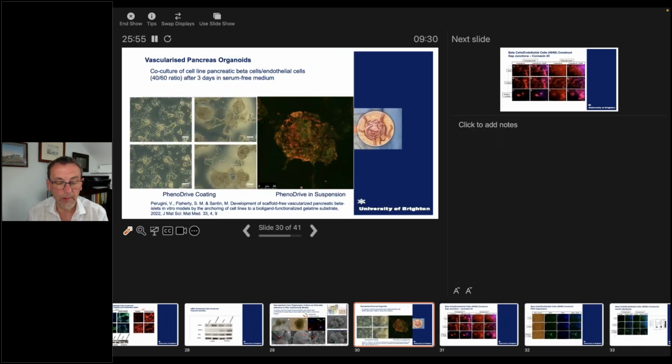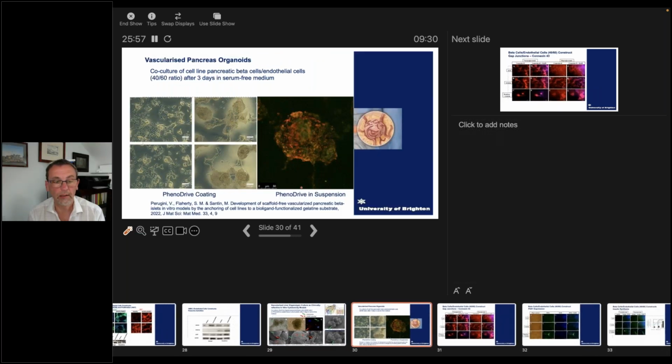We did the same and published a paper where endothelial cells were mixed with a human beta cell line. This is a type of human pancreatic beta cells that is very argued in the literature because they don't produce insulin.